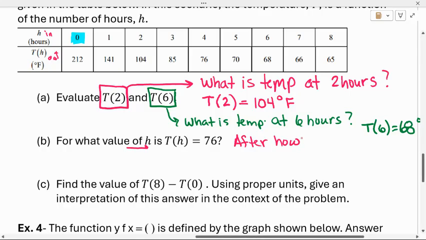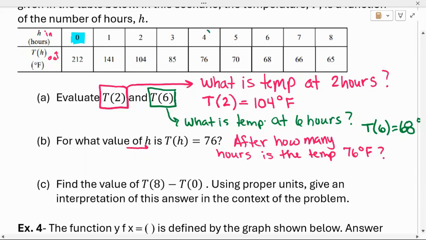After how many hours is the temp 76 degrees? And Kenneth said after 4 hours. So T of 4 equals 76. So H equals 4. Does this make sense how we're looking at the table?